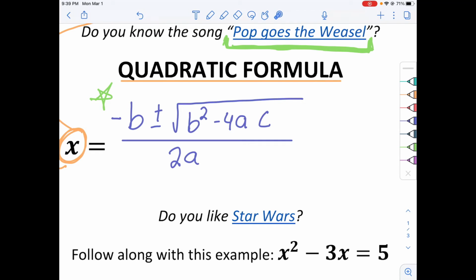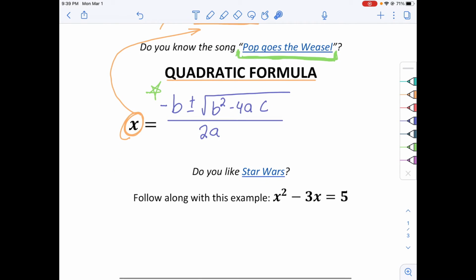All right, for Jingle Bells, it goes x equals the opposite of b plus or minus square root b squared minus 4ac all over 2a. So that's x equals the opposite of b plus or minus square root b squared minus 4ac all over 2a.